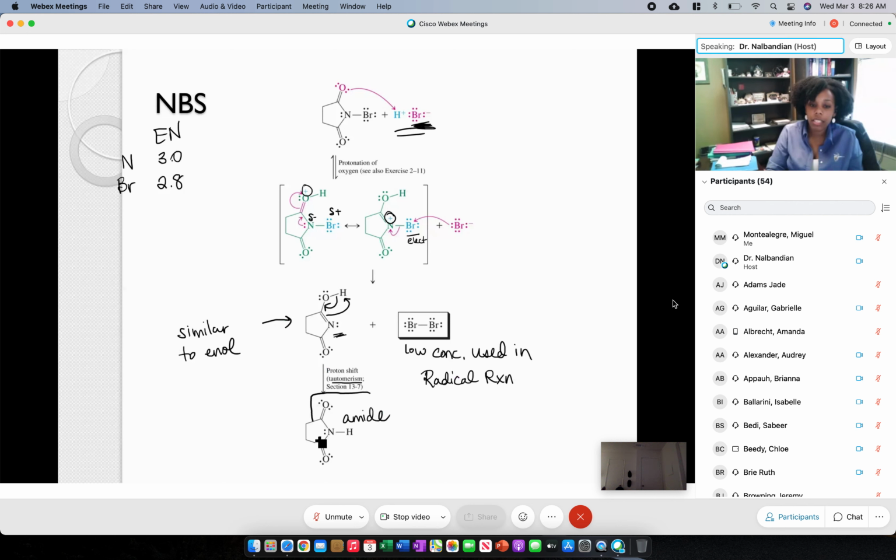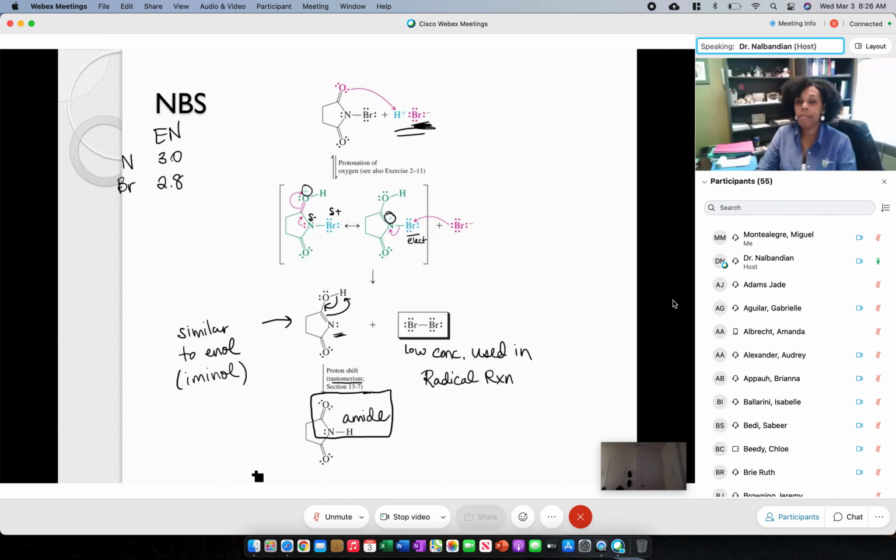So here, when we see a carbonyl with a nitrogen, we've made an amide bond out of that product. So our intermediate will tautomerize to form the amide that is more stable. So it's similar to an enol, but this is called an imidol.